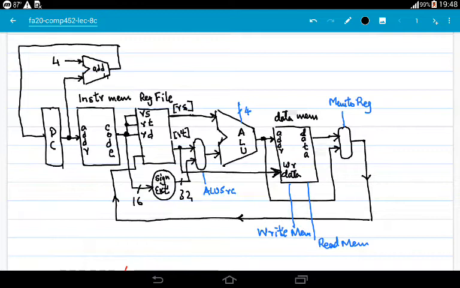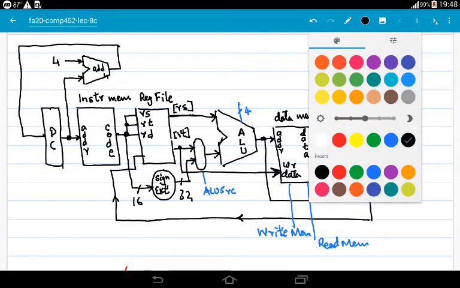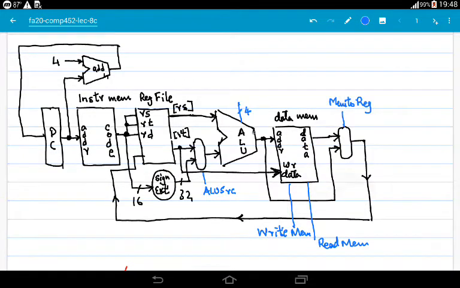And when it performs the subtraction, there is one output which we call the zero output of the processor. This is the zero output of the processor.